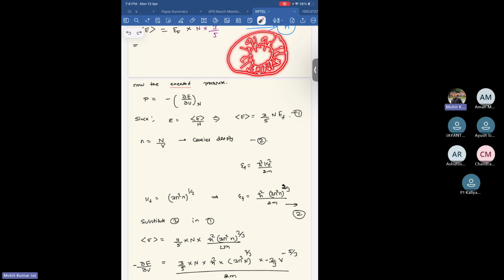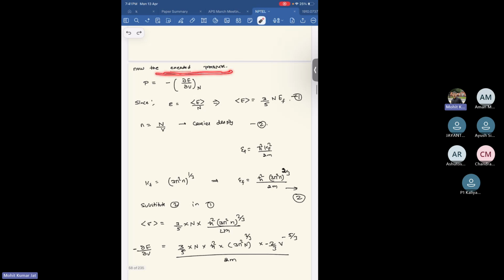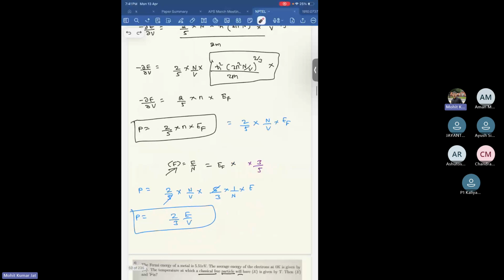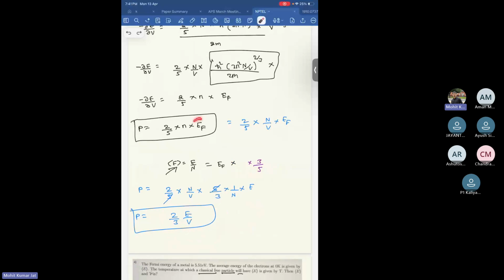That's where this degeneracy pressure plays a role. And as you can see, this degeneracy pressure is also a function of Fermi energy and your carrier density n. If your carrier density n is large or your Fermi energy is large, your degeneracy pressure P will be large.